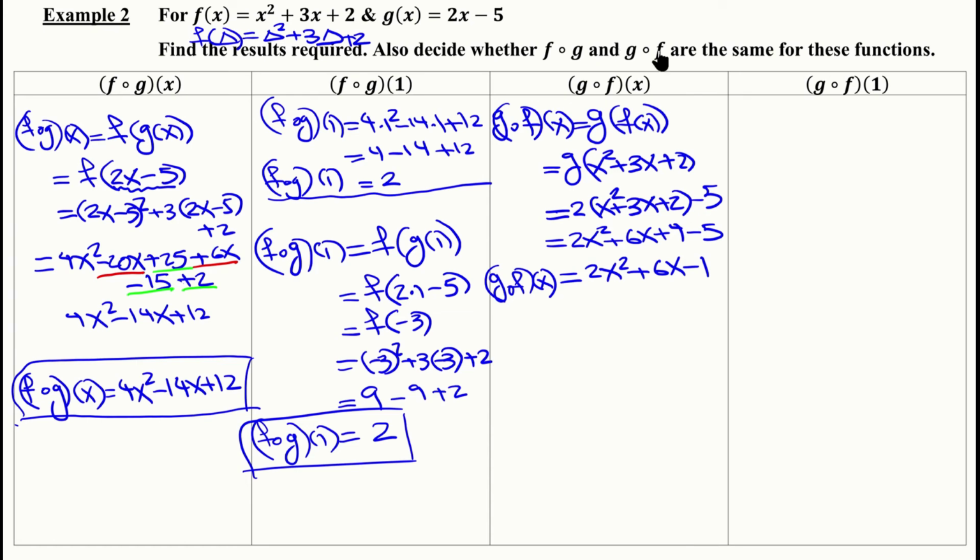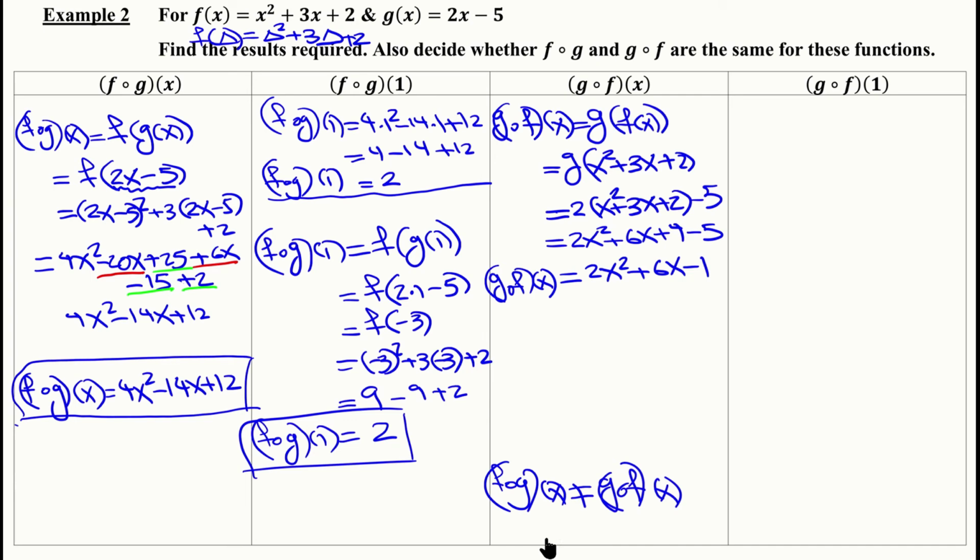Now, one of the things we were asked is to see if they're the same. Notice f circle g of x was 4x squared minus 14x plus 12. g circle f of x equals 2x squared plus 6x minus 1. Clearly, in this case, f circle g of x does not equal g circle f of x. Remember, this one example is all we need to firmly say that composition of functions is not a commutative operation.